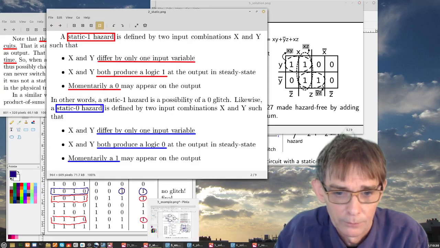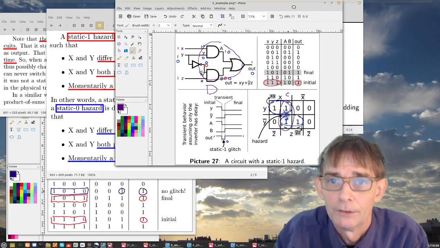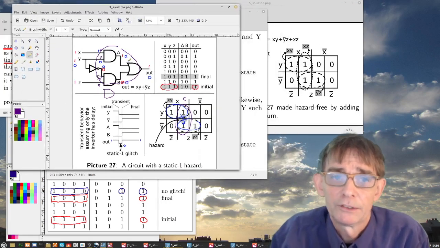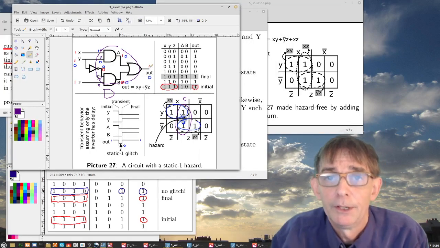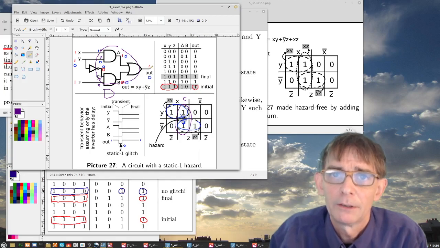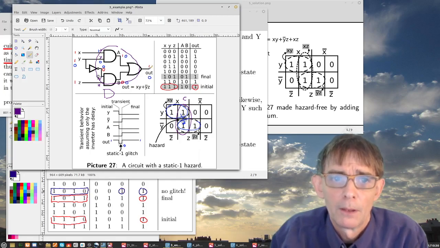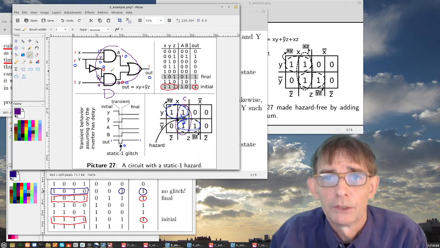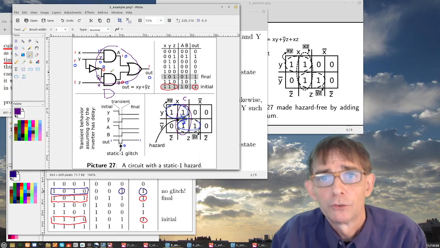This circuit does not have a problem with the static 0. So if the output is 0 in the initial state and 0 in the final state, there cannot temporarily be a 1. And that is because an AND gate like this can switch only once. It's not that it can switch to 1 and then back to 0.